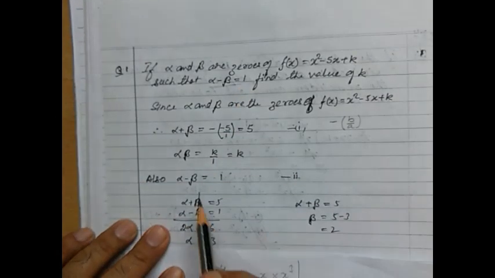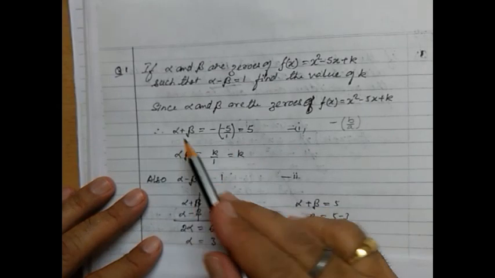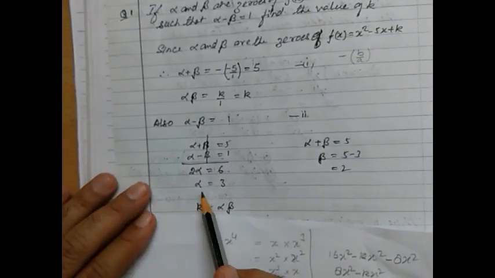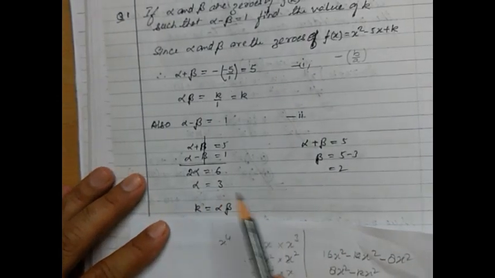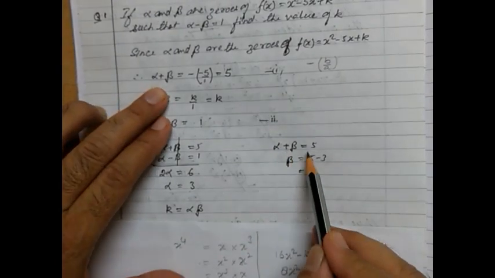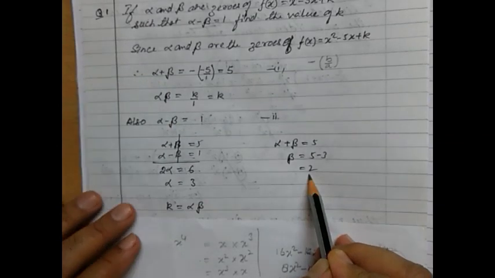So we are using this alpha minus beta is equal to 1, and when we use this alpha plus beta and alpha minus beta, we get the value of alpha as 3. So when we get this value of alpha as 3, we place it in the sum of the zeros, the equation number 1. So here we find beta as 2.